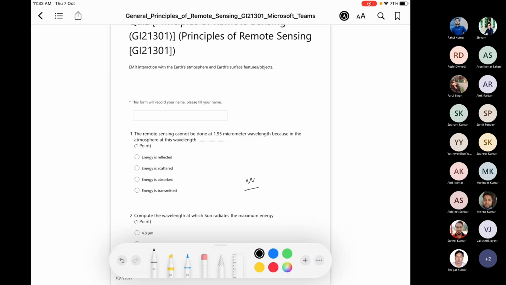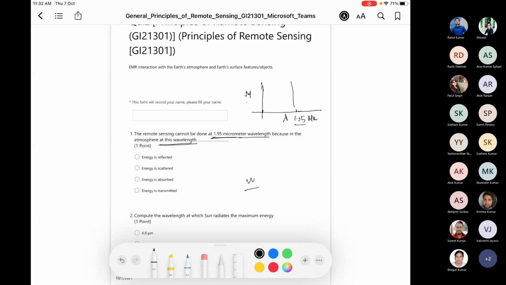The question is, remote sensing can't be done at 1.95 micrometer wavelength, because in the atmosphere at this wavelength, if you analyze the atmospheric transmission, represented by the symbol tau, versus wavelength.